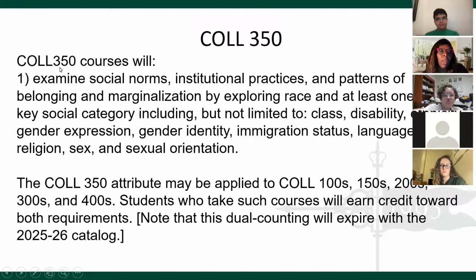The COLL 350 is the new course that got introduced starting this fall. Okay. You can take those anytime. And basically the COLL 350, the college decided, is something that students need to have because it examines social norms, institutional practices, belonging and marginalizing by exploring race and at least one other key social category, including but not limited to class, disability, ethnicity, gender expression, gender identity, immigration status, language, religion, sex, and sexual orientation.